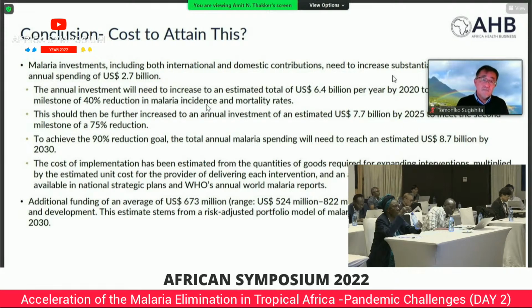Then you can see, as you scale up, for every $1 billion, the amount of reduction in malaria is seen and estimated there. The cost of implementation has been estimated from the quantities of goods required for expanding intervention, multiplied by the estimated costs to the provider of delivering each intervention.